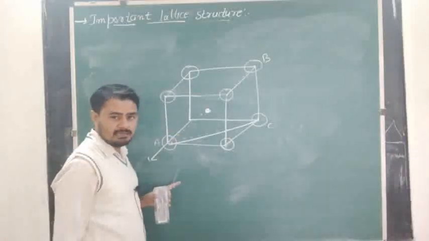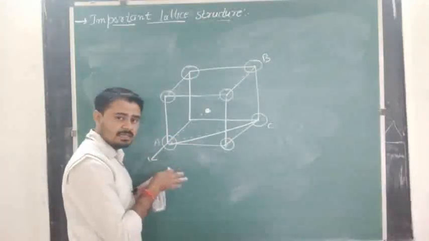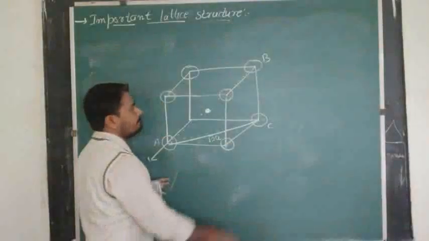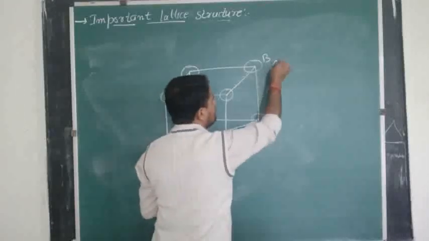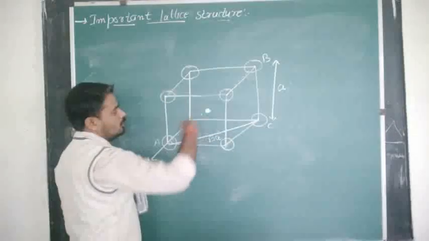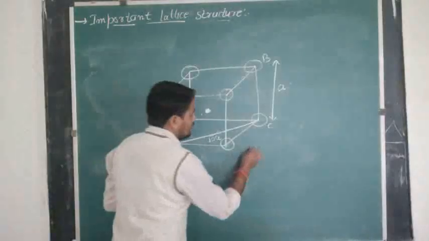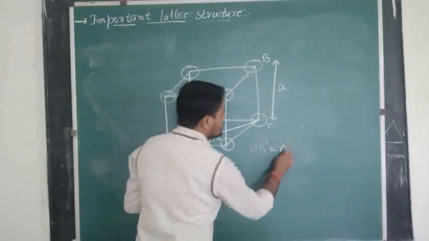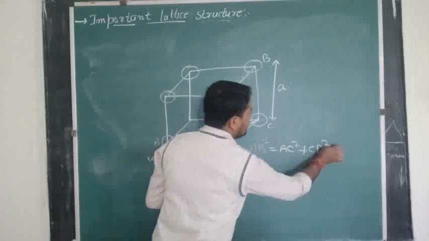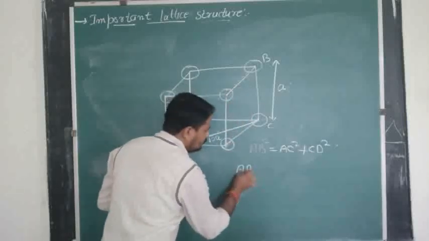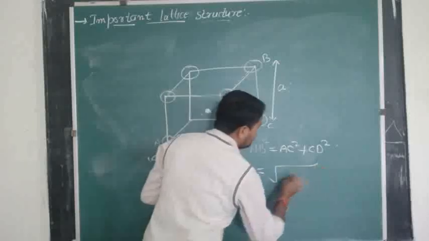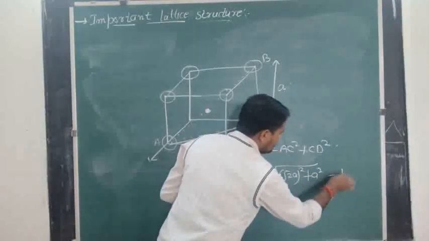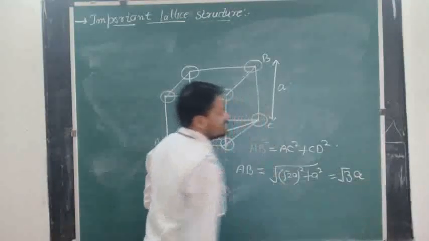And the face diagonal value, as I have done in the face-centered unit cell, equals under root 2 a. B to C is equal to a. According to the Pythagoras theorem, A to B whole square equals A to C square plus C to B square, and A to B will be equal to under root of (under root 2 a) square plus a square, that is under root 3 times a.